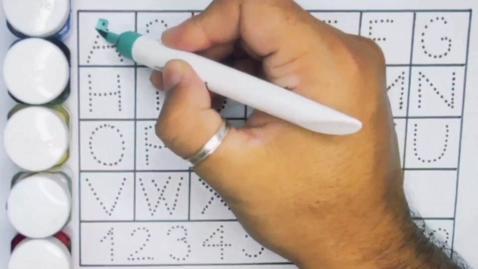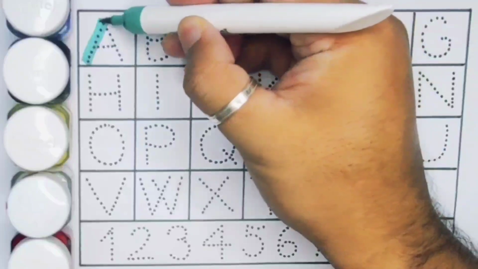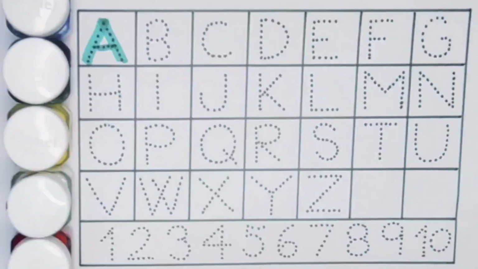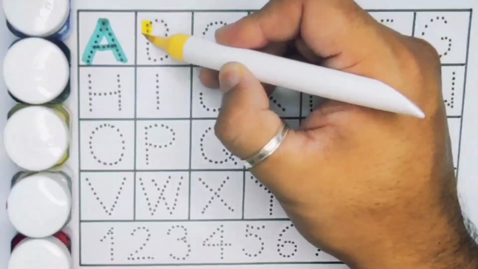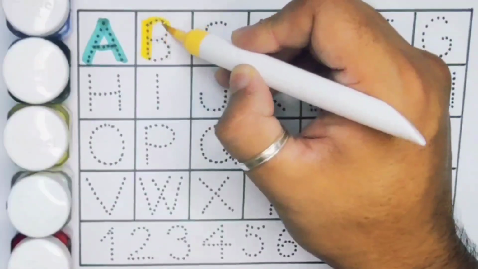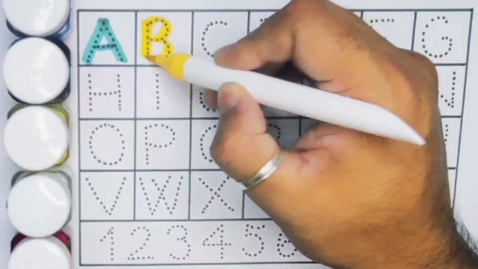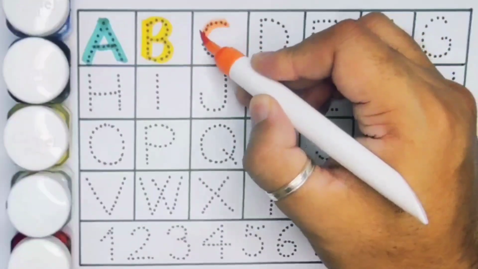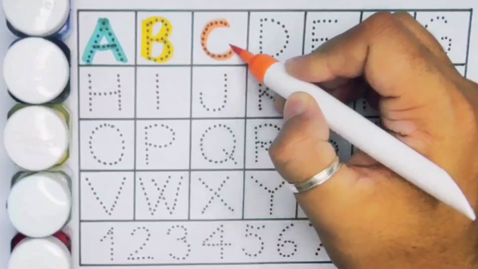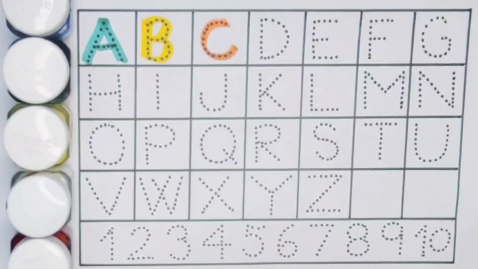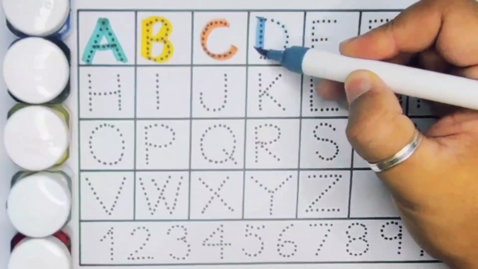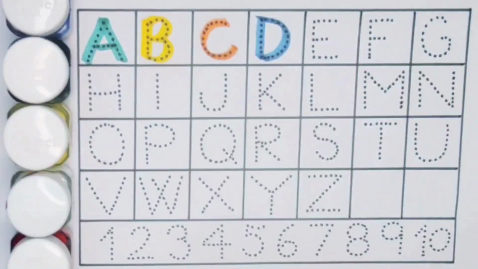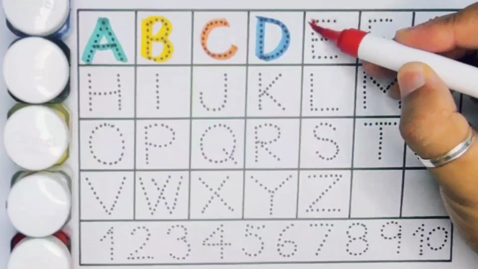First A for aeroplane. Next kids, B for butterfly. Next kids, C for car. Next kids, D for dolphin. Next kids, E for eye.